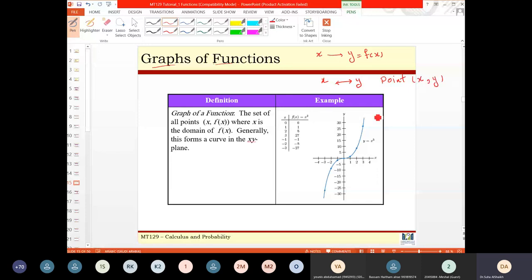So to draw it, to sketch it, to graph it, we are using an xy plane here. X coordinate here and the y coordinate here. You remember when we talked about the number line. Now the number line for x is centered at 0, to the right I have 1, 2, 3, 4, and to the left I have -1, -2, and so on.